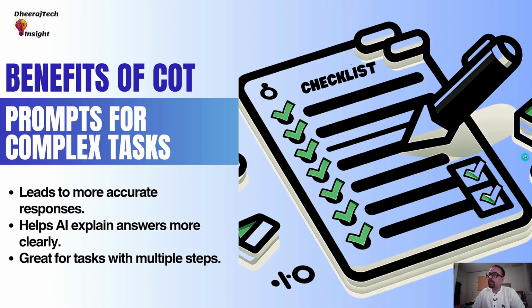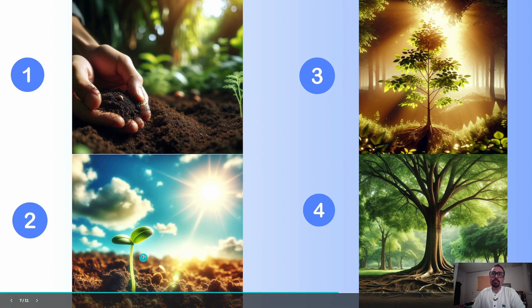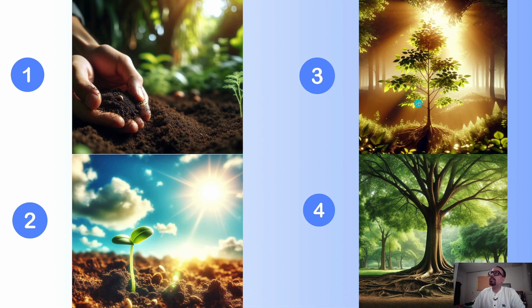See, this is a whole 4 step process where first we plant a seed. Then it pops out, third it grows bigger, and fourth it converts into a tree. This is a sapling. This grows better than that, then it becomes a big tree.